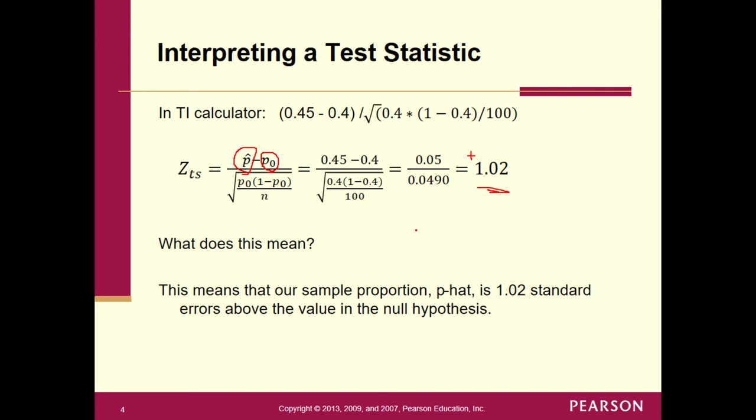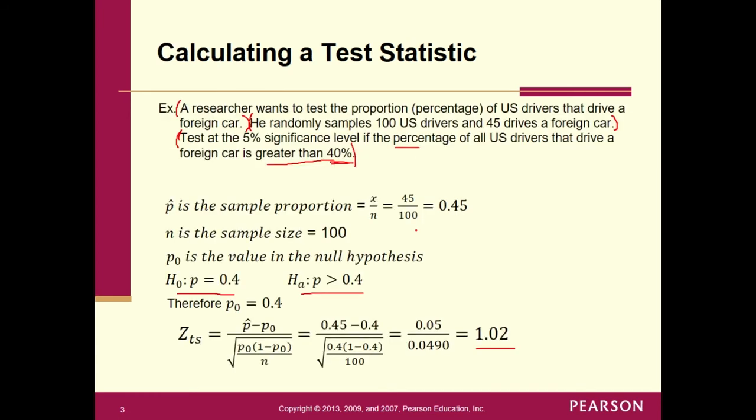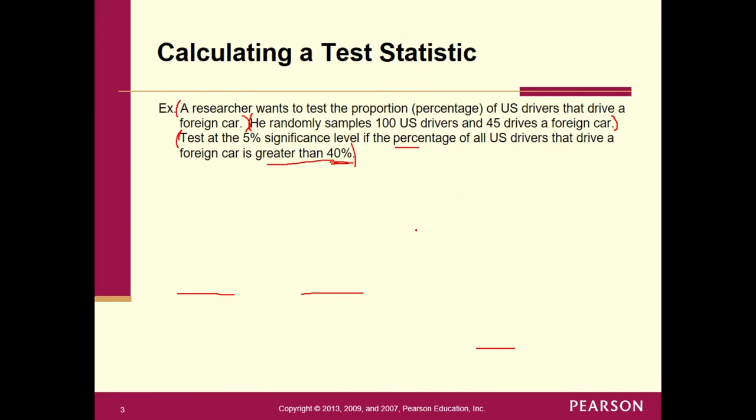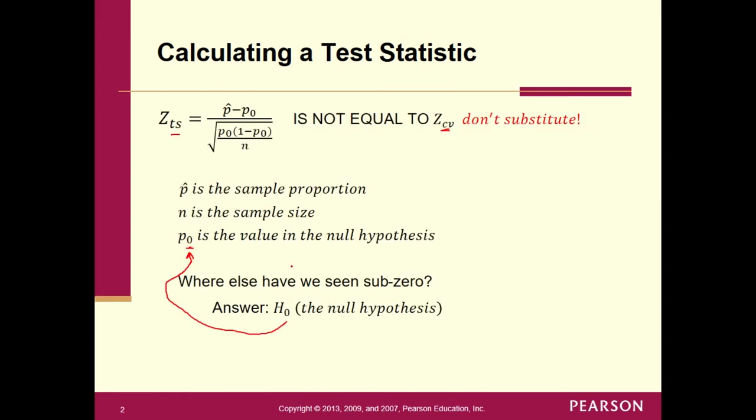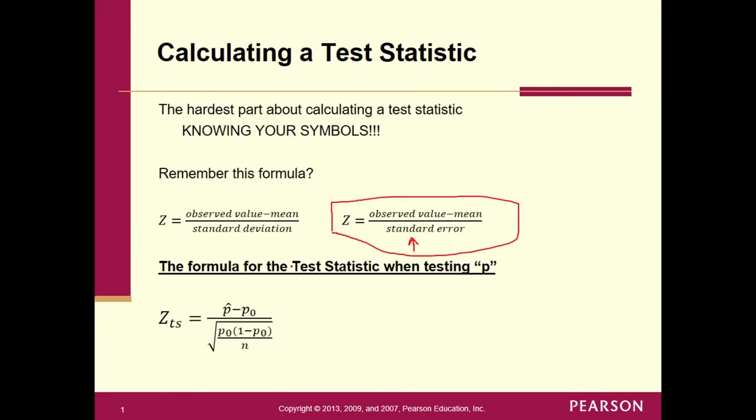Now there are two things I want to discuss. One, why did we say P sub 0 is the mean? I'm going to go all the way back to this guy right here. For every hypothesis test, we temporarily assume that the null hypothesis is true.